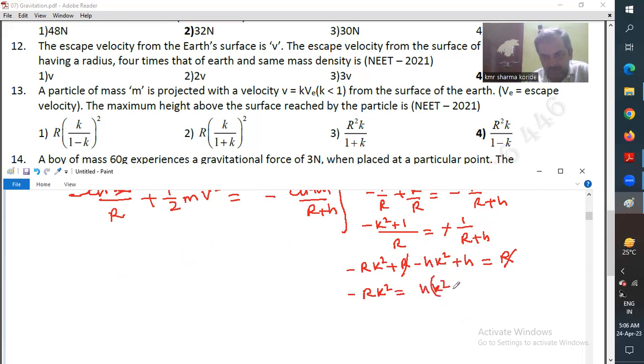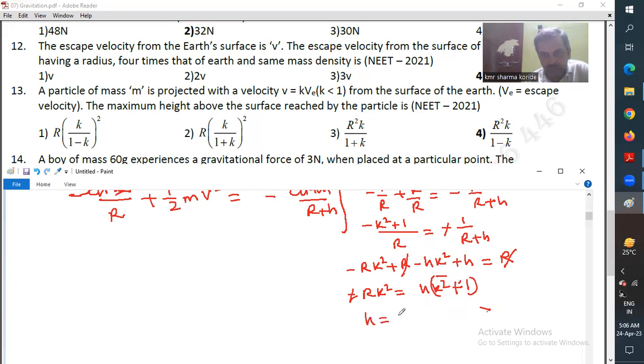If you take out common, this will become minus 1. After you take this to the right side, it will become minus 1. You can take h common. Therefore, if you cancel this minus, this becomes minus k square, this becomes plus.